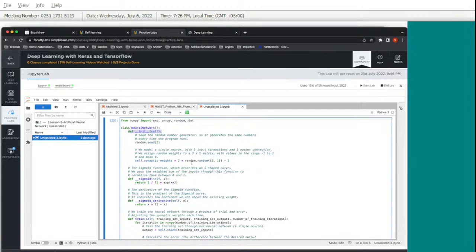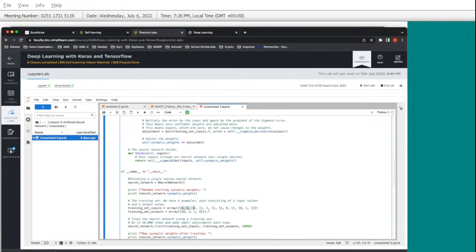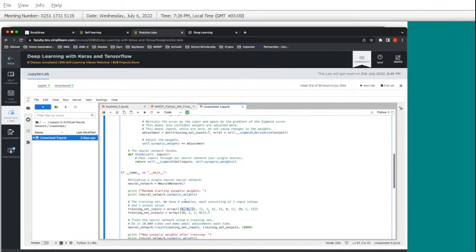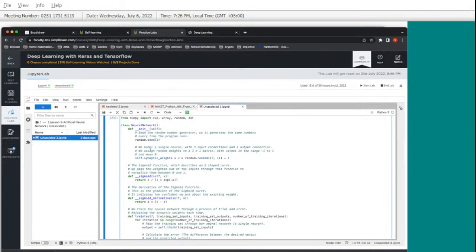In this case, each example has 3 features, so I need 3 weights to start with. We are modeling a single neuron with 3 input connections, so I need 3 weights, one for every input connection. This is the place where I initialize the weights.